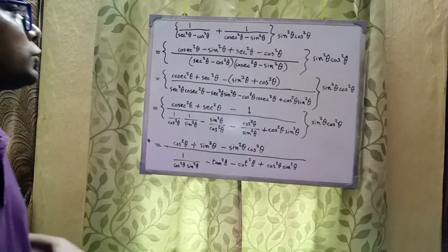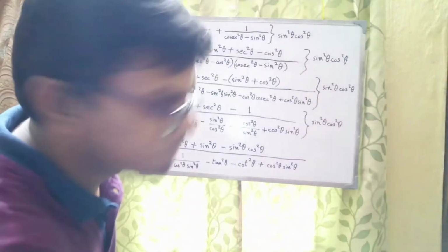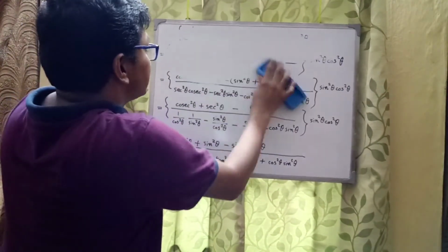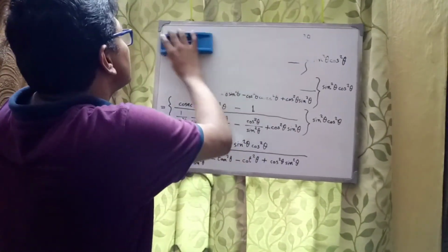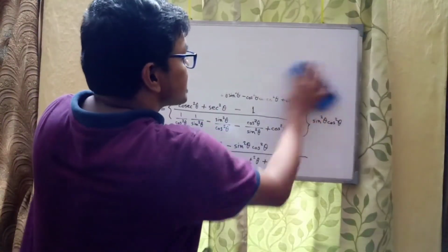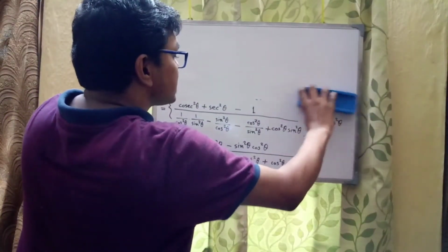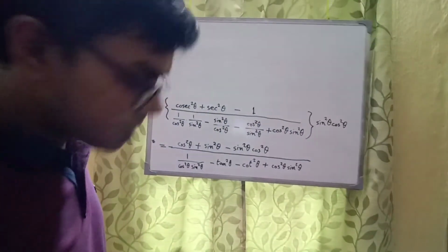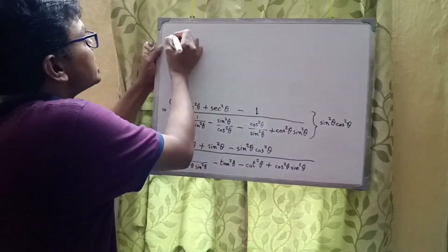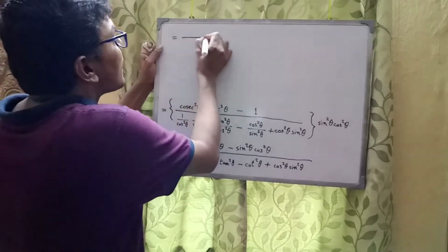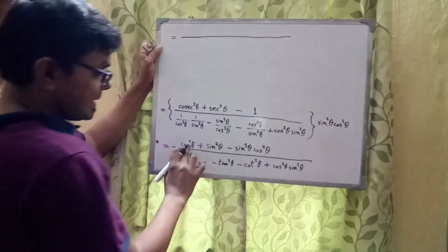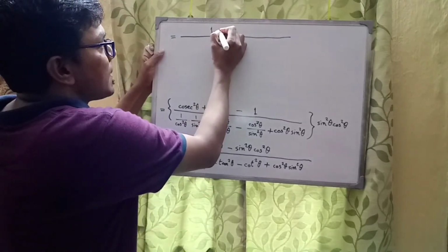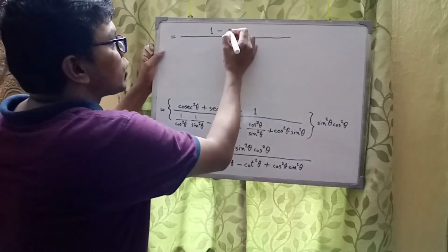Okay, so now I will erase the top part to get some space. We have almost reached the right hand side, but how? Let's see. See, this part cos square theta plus sine square theta is 1 minus sine square theta cos square theta.